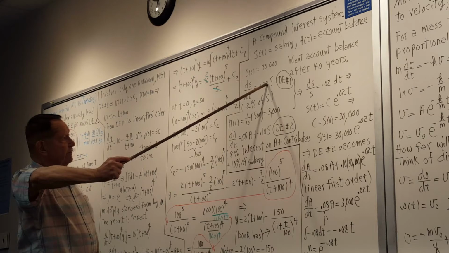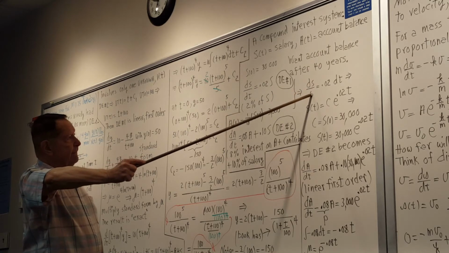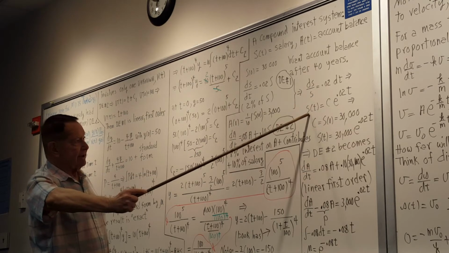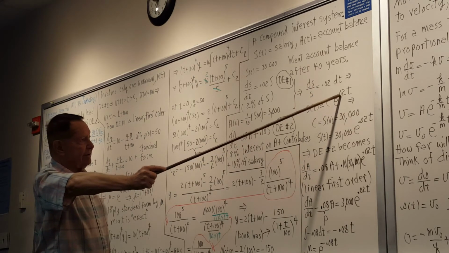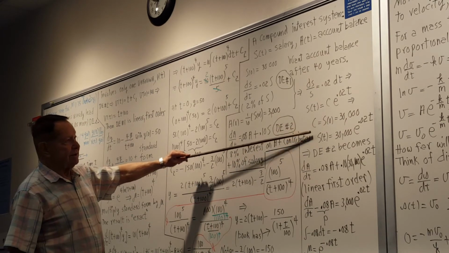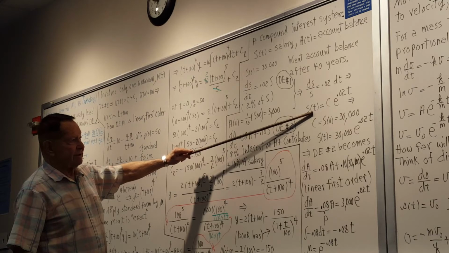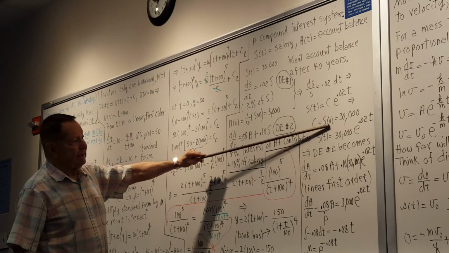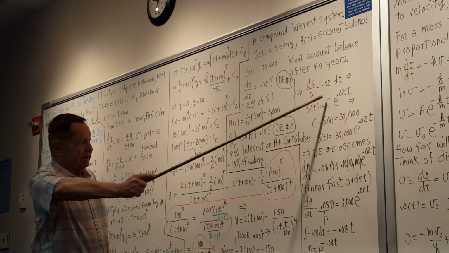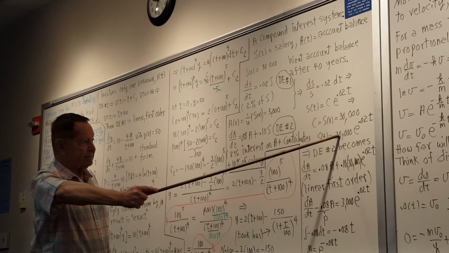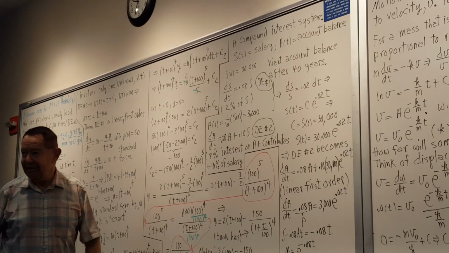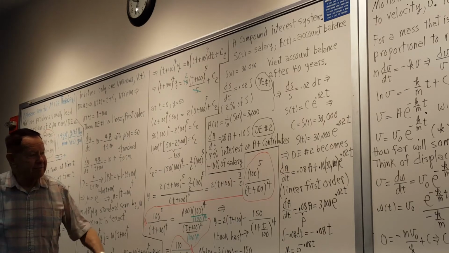So solving DE number 1, I separate the variables, integrate both sides. So S of t is a constant times e to the 0.02t. Then my constant is S of 0, the beginning salary, which is the 30,000. So then I put the 30,000 there, and this is my formula for this salary with the guaranteed 2% raise.